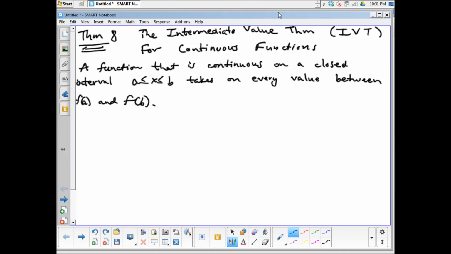What is that saying? Here's what it's saying. This interval can also be known as AB. This is actually a really neat theorem.